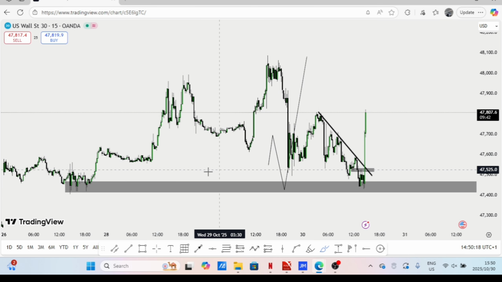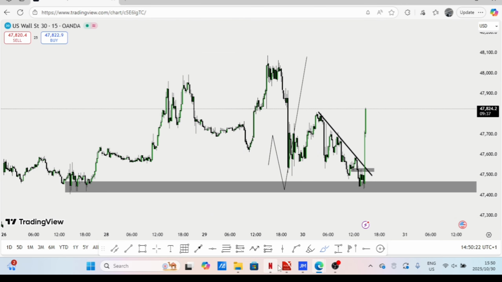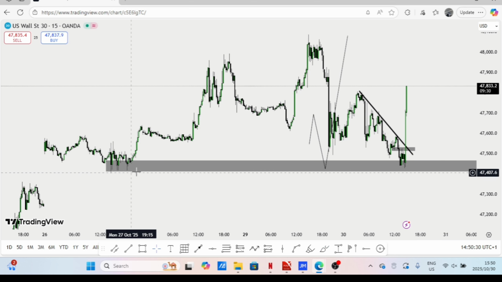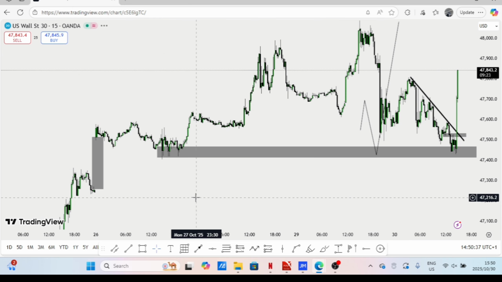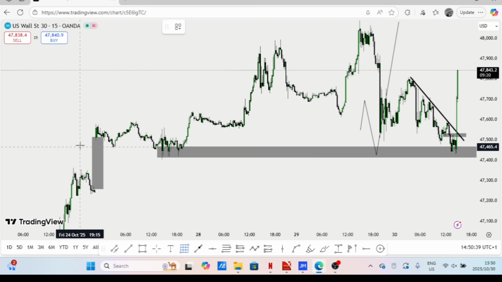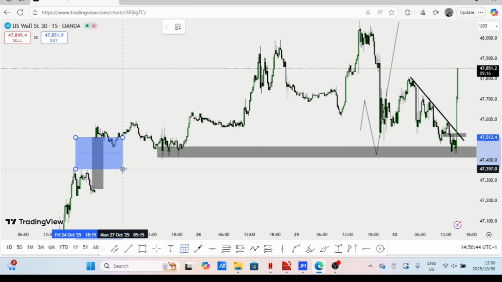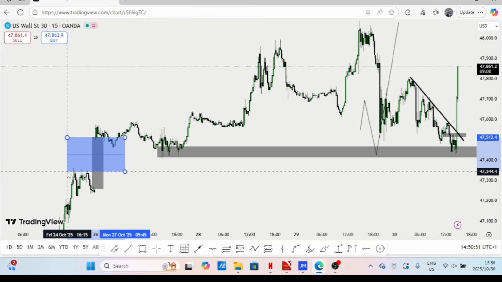So the first thing you must do is to identify your demand and your supply zone. Since I was waiting for this trade, I noticed that the only zone since this week that has not been mitigated is this one, guys. As you can see, the market opened around about here, and usually when the market opens like this, you expect the market to fill up this gap, even if it's not 100% fill up, at least 50% fill up, guys.